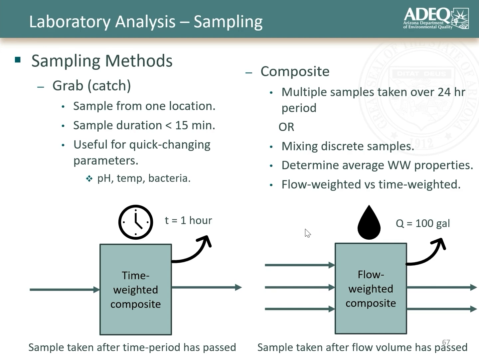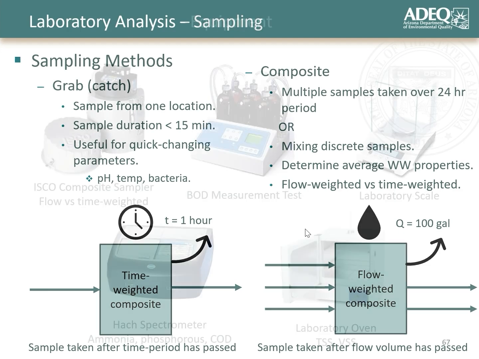The flow weighted sample is considered the more accurate because it collects a complete average of the total volume of wastewater collected over your sample, rather than a time weighted or manual discrete sampling mixing that could happen as well.